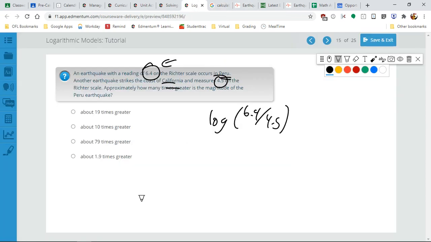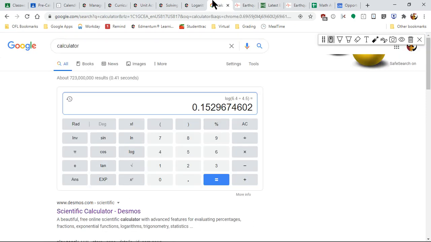That doesn't seem right. What did I do here? That cannot be right. How many times approximately greater is the magnitude there? Why isn't that working? It should work.